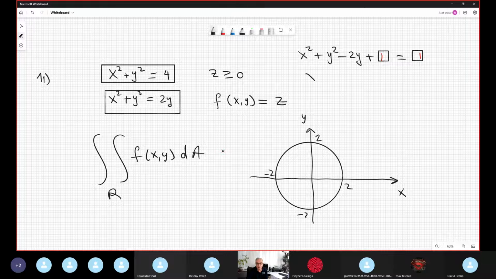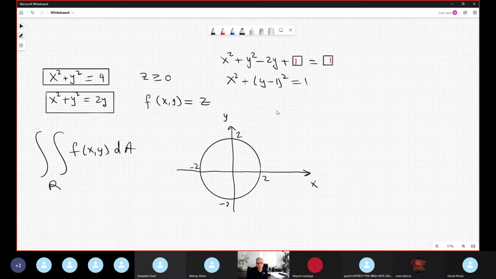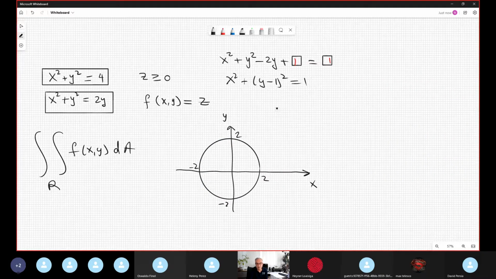Therefore, x squared plus (y minus 1) squared equals 1. This is our circle. It's easy. The radius is 1, and the center is located at the point 0, 1. Over there. This is our circle, radius 1.